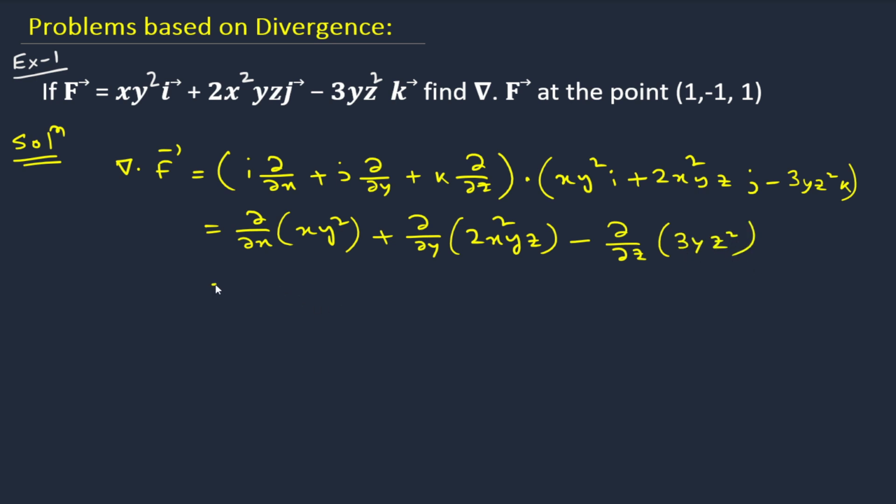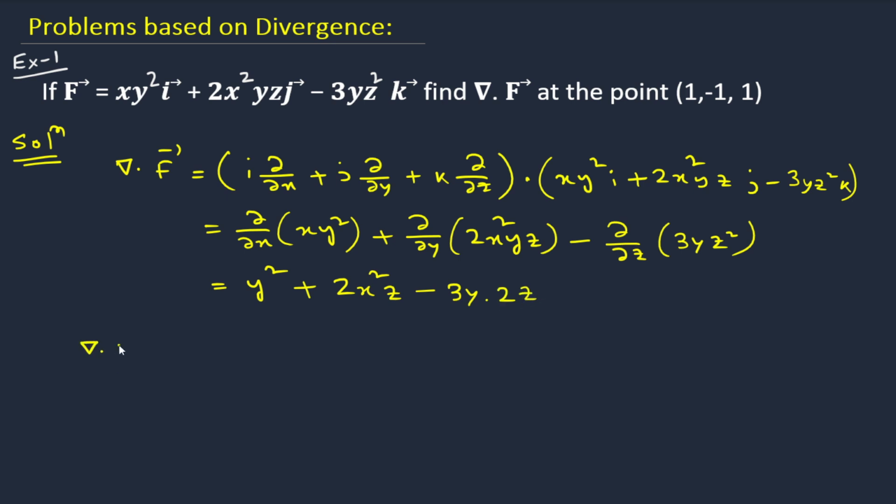Now we have to simply partially differentiate it. With respect to x, differentiation of x is 1, so we have only y square. Here we are differentiating with respect to y, so derivative of y is 1 and other terms will remain the same. And then finally derivative of z, so it's minus 3y into differentiation of z square, which is twice z.